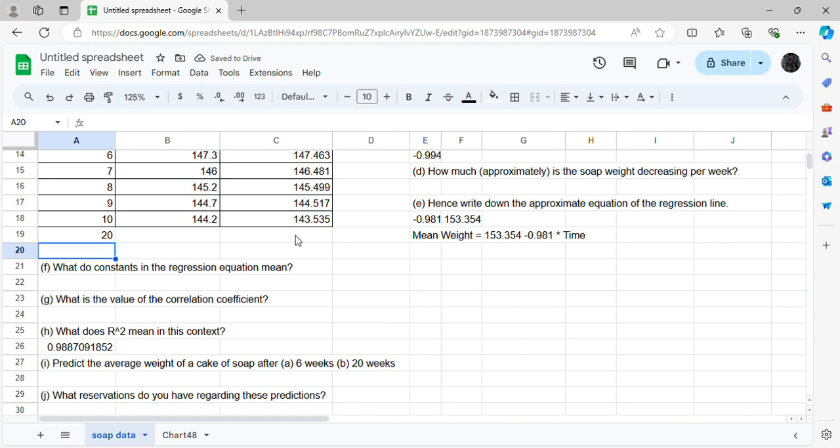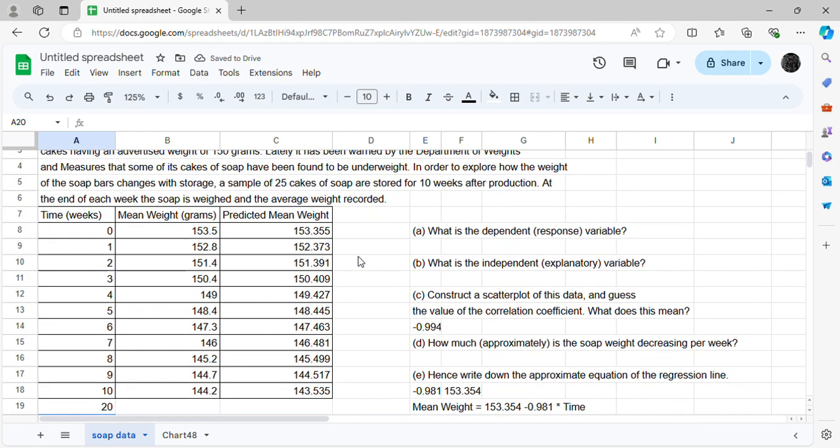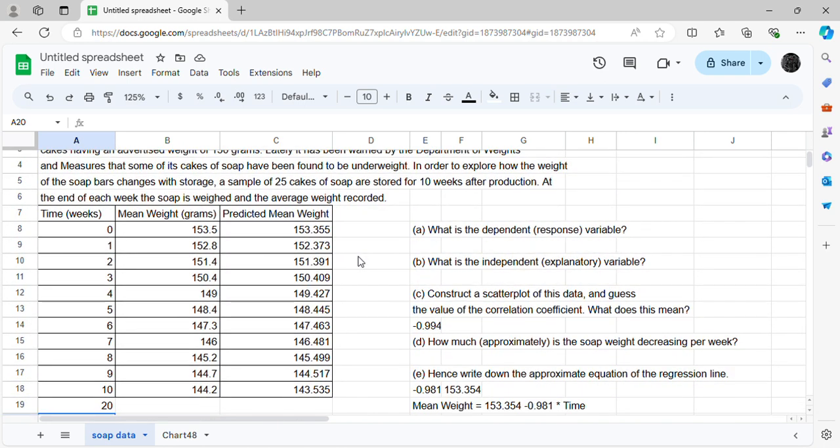So let's predict for this as well. Let's predict the mean weight for all the observed time, and include the 6 weeks and 20 weeks.